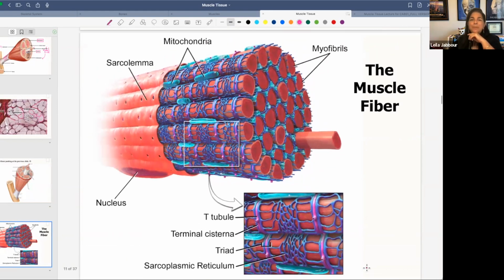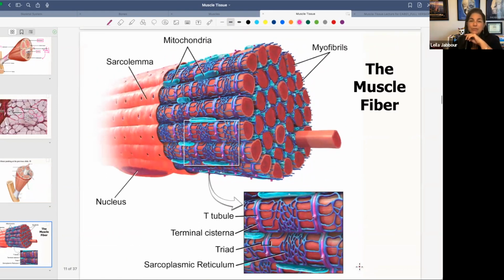I literally pull these pictures from so many different sources. It's hard to go back and find out where I got this one from. But I love this diagram because it's really like a 3D rendition of what's going on inside the cell.